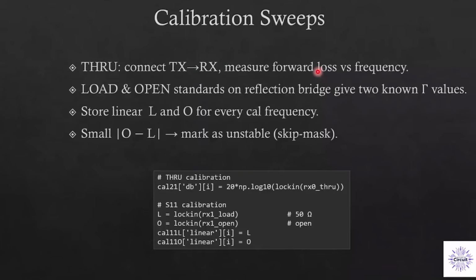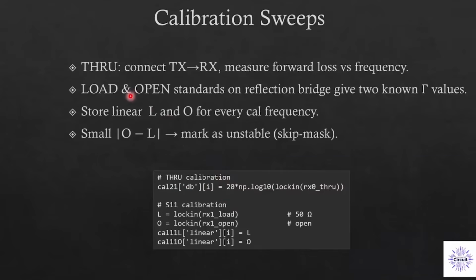Then I save this, and I know that if I don't have anything in my system, this is the amplitude I'm measuring. So after the calibration, whenever I want to measure the actual S21, whatever amplitude I find, I deduct the calibrated amplitude from it to come up with the device effect only. So this is my calibration for S21.